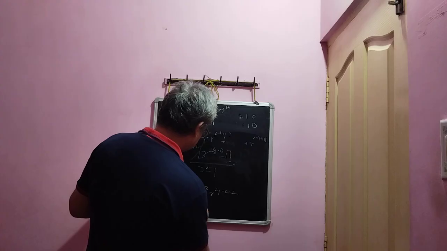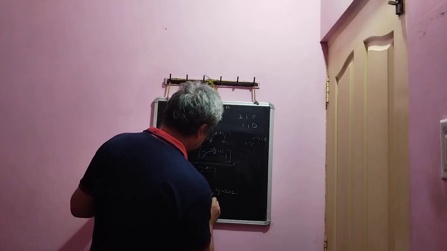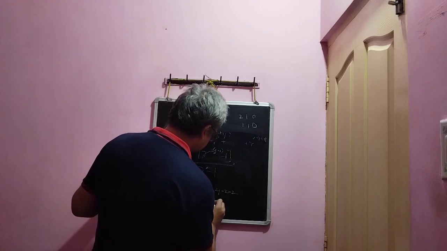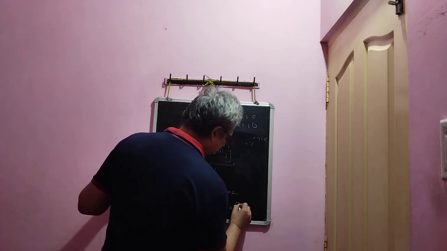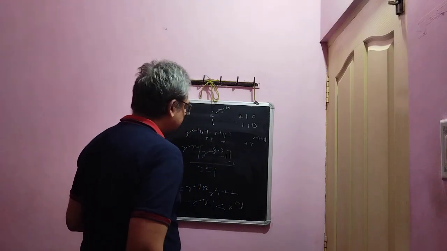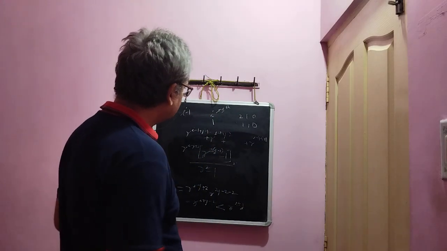This is equal to r power i plus j minus 2, which is less than r power i plus j.